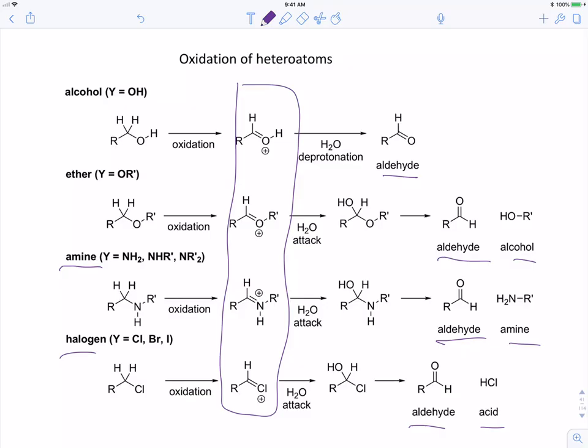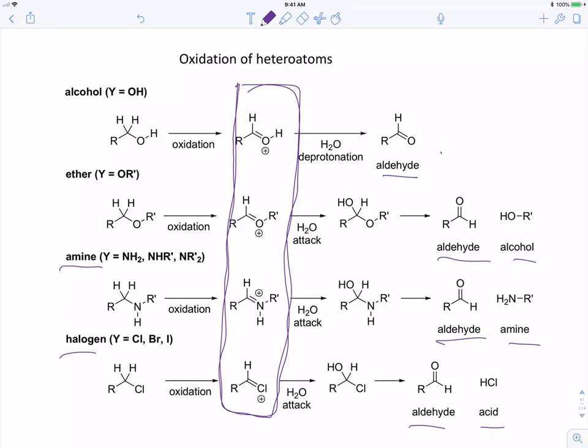So let's look at practical views of this. The mechanism that we have seen, particularly this intermediate, is the same for all these reactions. So we always have the same type of positively charged heteroatom here. If we start from an alcohol, we'll end up with an aldehyde.